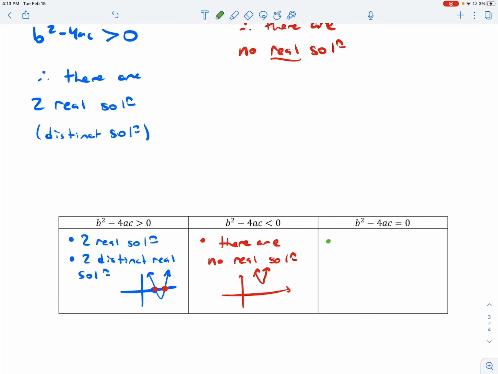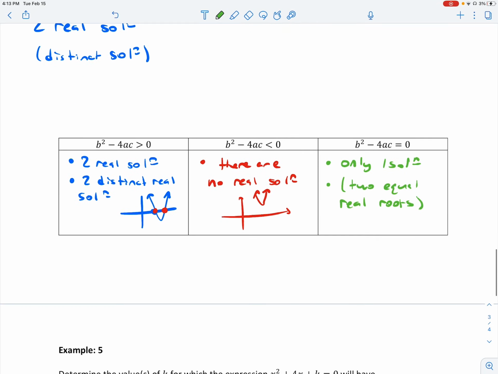And lastly, if it works out that the discriminant equals 0, then there's only one solution. So only one solution. Okay, and we actually say there are two equal real roots. Okay, that's also known as a repeated root.